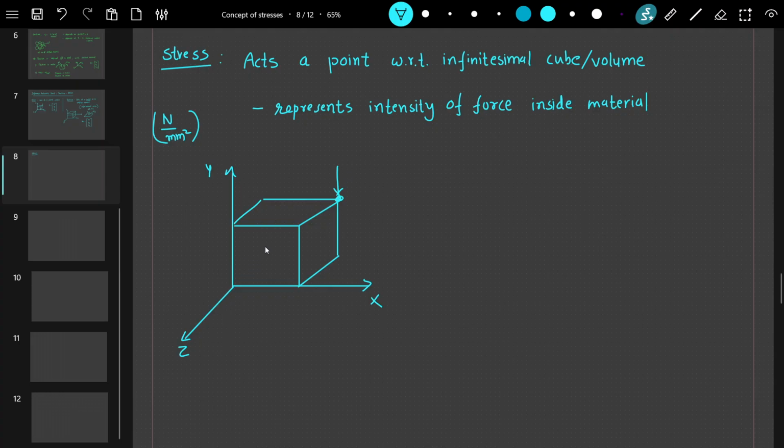So internal, the intensity of force inside material. Okay. Intensity of internal force inside material, and obviously inside material means the point. Okay, the point is surrounded by volume.